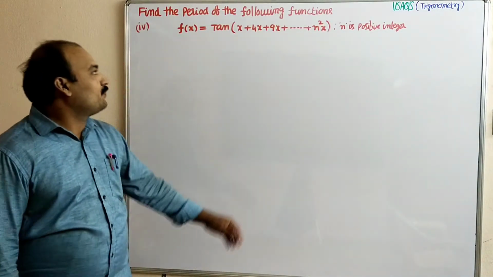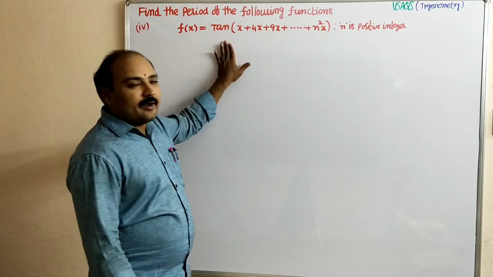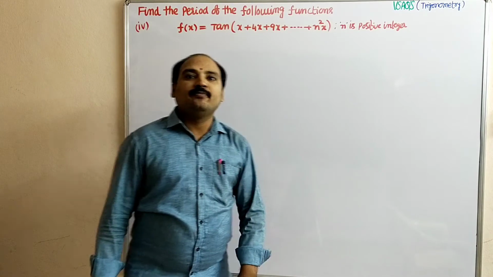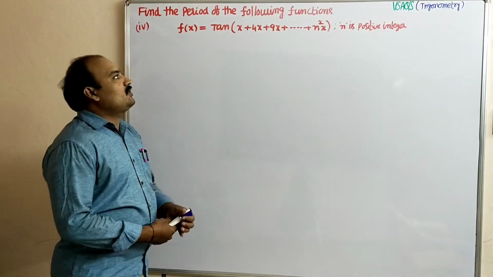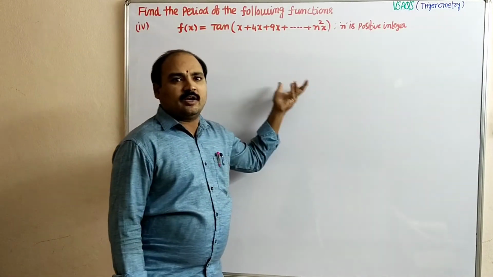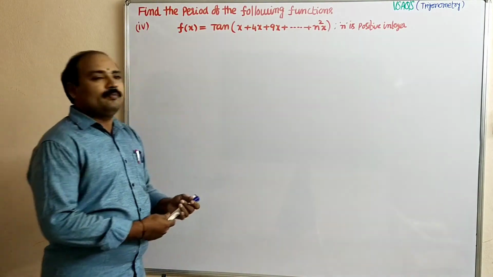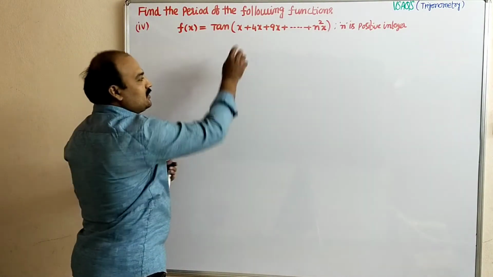The next question, f of x equal to tan of x plus 4x plus 9x plus and so on plus n square x. First here, the a value is not there. If we compare with tan ax, the a value is not there. So we have to calculate the a value by taking x common in this function.